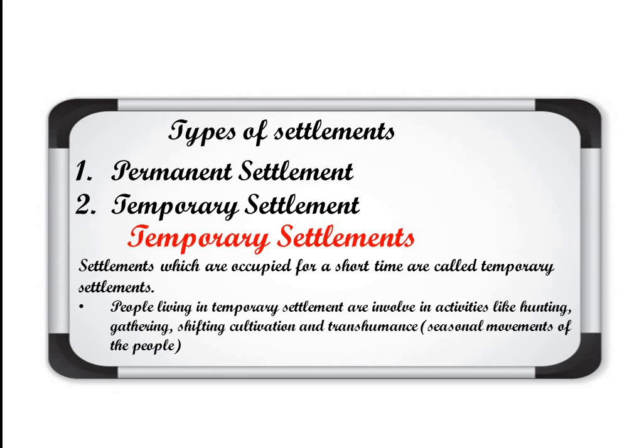So these are some activities that people living in temporary settlements do. We know that hunter-gatherers move from one place to another according to the seasons and the availability of animals. In shifting cultivation, the people clear a patch of land for growing crops. After some time, when the place loses its fertility, the people move to another place. So that is shifting cultivation.